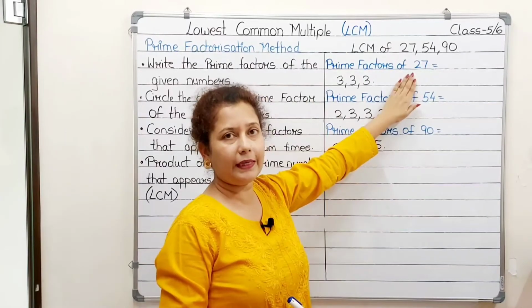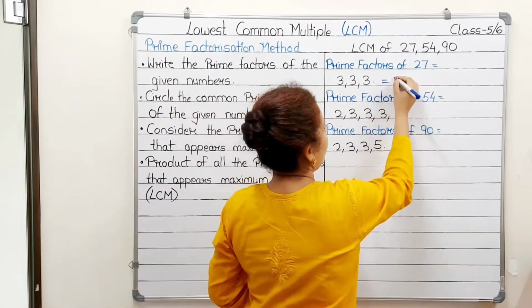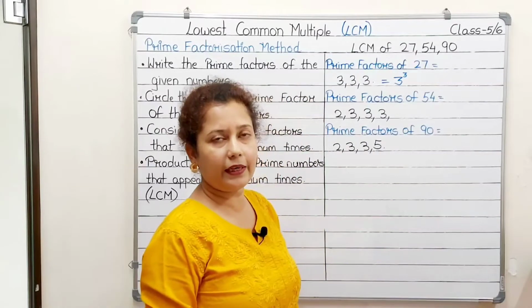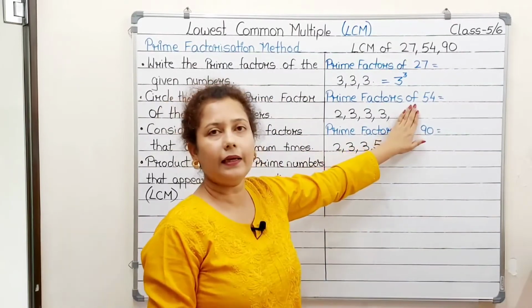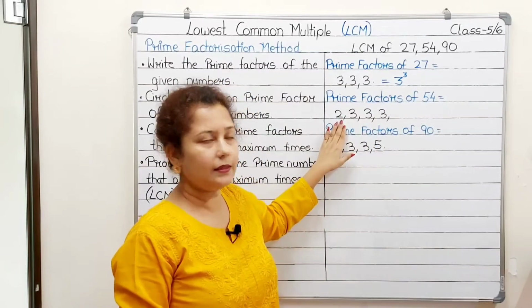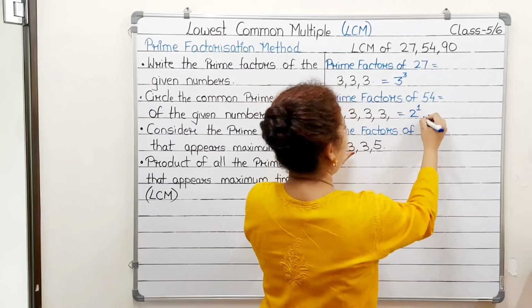Prime factors of 27 are 3 times 3 times 3, so we will write 3 raised to power 3. That means 3 is present 3 times. In the second number, that is 54, 2 is also present, and that is present once, so we will write 2 raised to power 1.